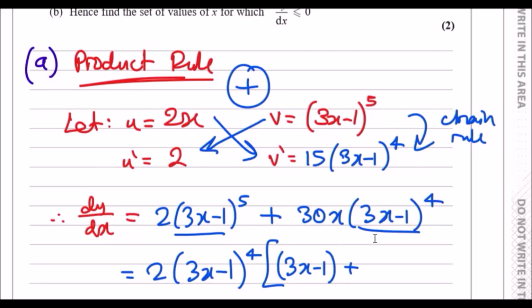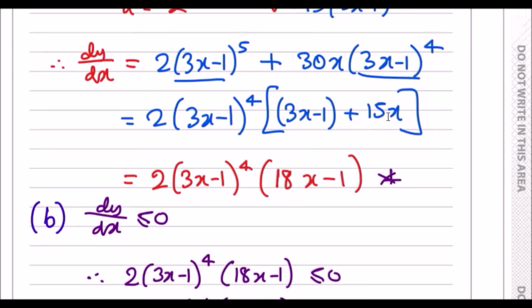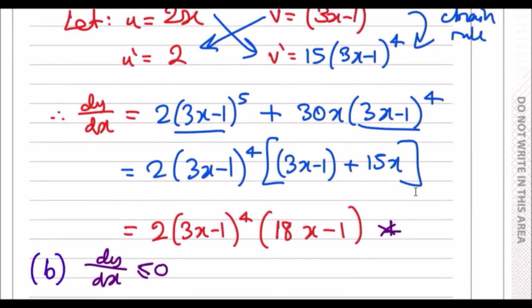Plus on the right side, to get 30x from 2, you got 15x remaining. And of course, you've used up all the 3x minus 1 to the power 4s. And then you just expand this, tidy up. So 3x minus 1 plus 15x will give us 18x minus 1. And that's it, fully factorized.